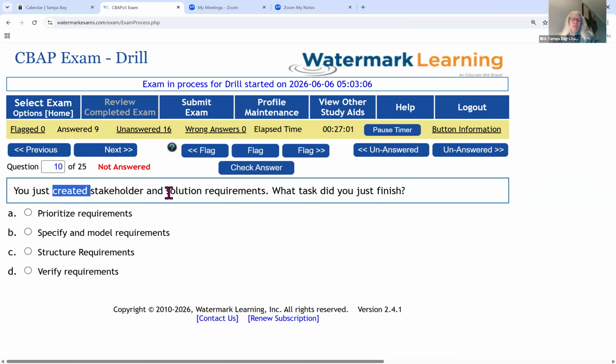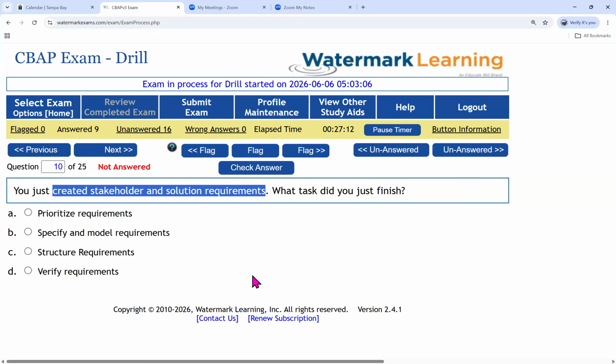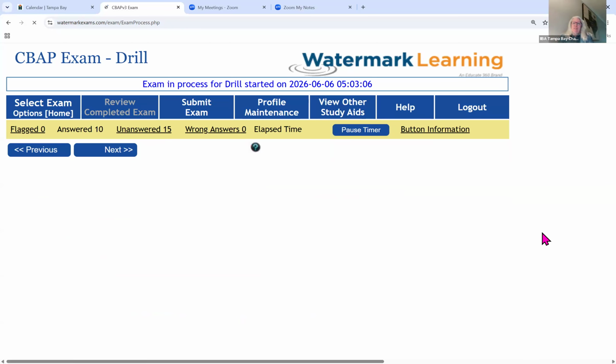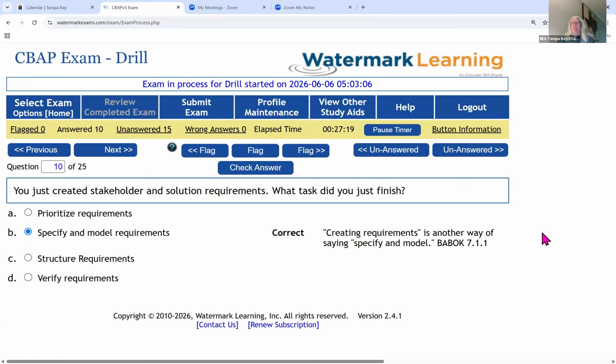And with which task in this chapter do you write down your requirements? Specify and model. It is specify and model requirements. Creating requirements is another way of saying specify and model. Okay. Good job. So this is the point in the project that we take all of our notes and we turn it into something that can be reviewed.